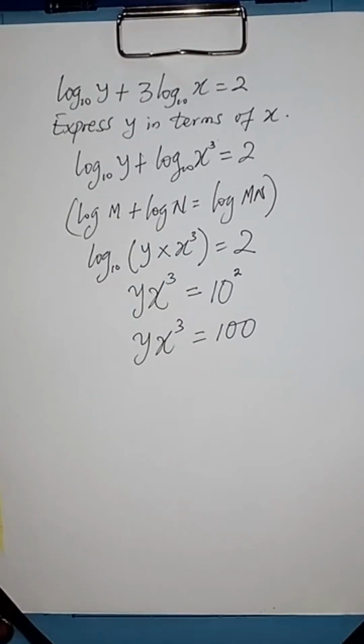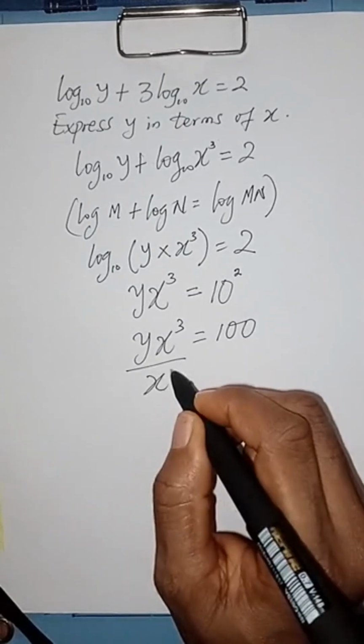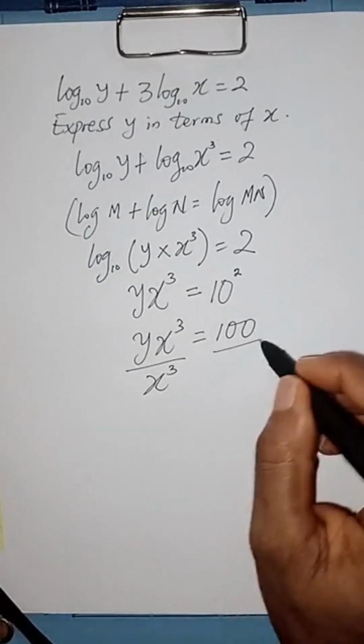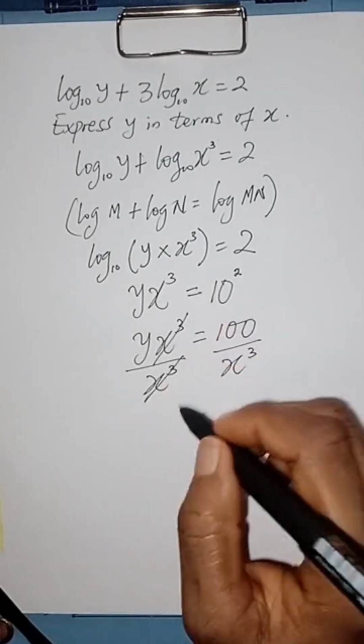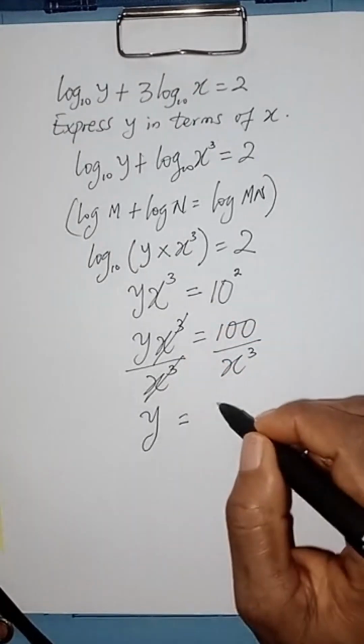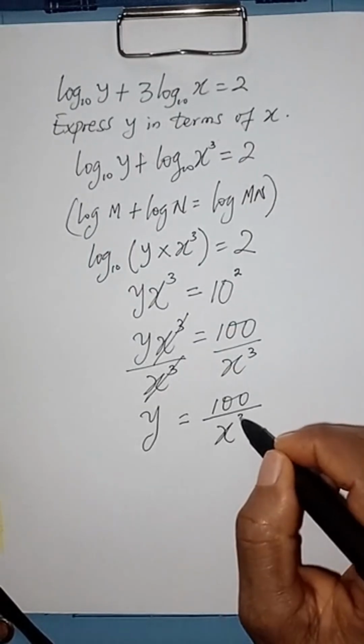Recall the question says express y in terms of x. You know what to do. We'll divide both sides by the coefficient of y so that y becomes the subject of the formula. So that's all. y is 100 divided by x raised to the power 3.